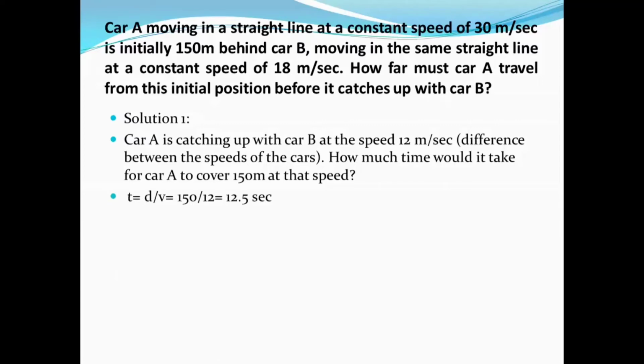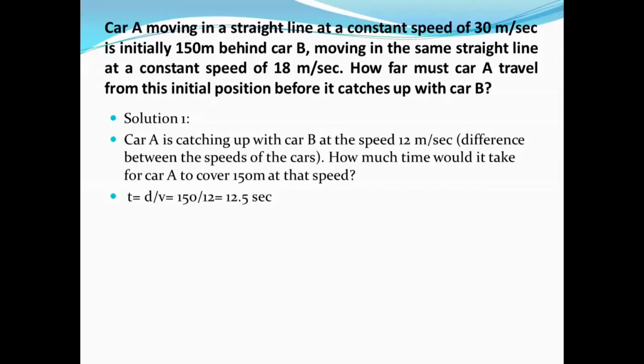Then we have this equation for time: distance divided by velocity, because we have constant velocity. So acceleration a in v is equal to u plus at is equal to 0. We have the equation v is equal to u plus at, or s is equal to ut plus half at square. Here the speed is constant, it means initial speed and final speed are the same, so u is equal to v.